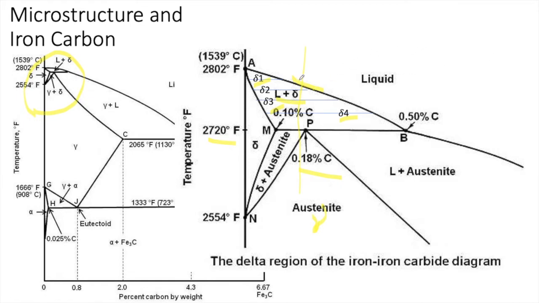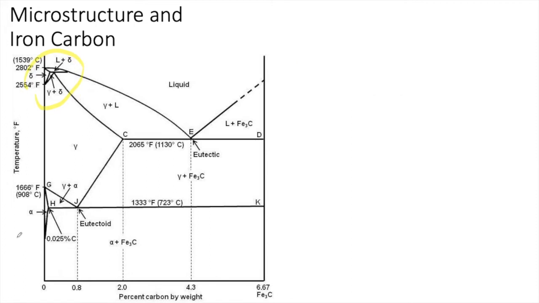So if we see the composition, it has first delta 1, then delta 2 and delta 3, and in the order of 1 to 4 the composition solidifies. This phenomenon is called coring. Now let us study the eutectoid range.